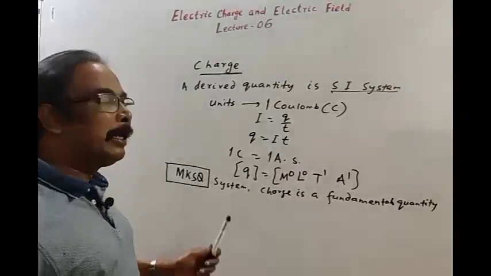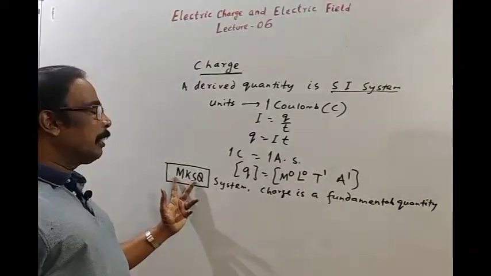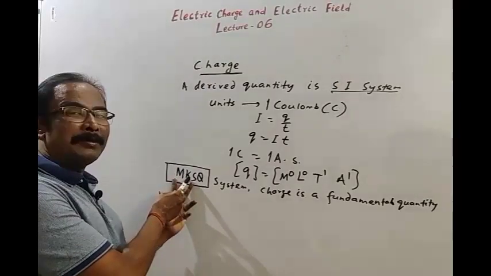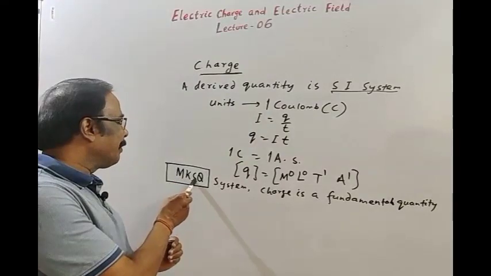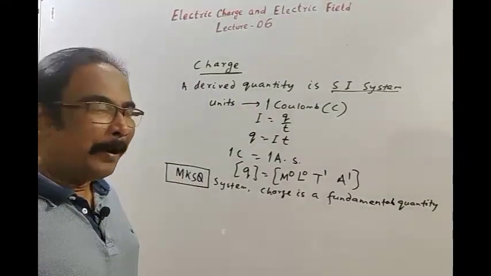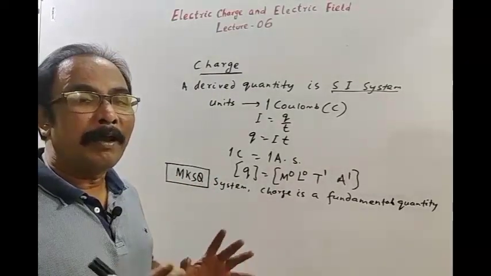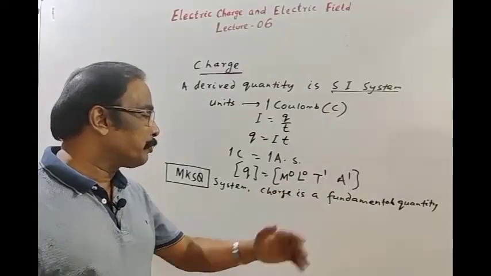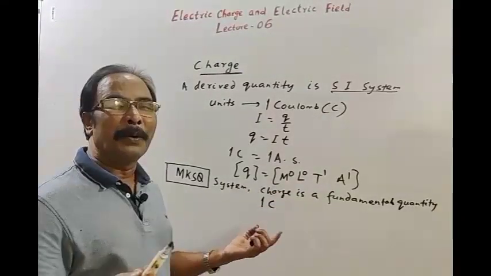As we know, in MKS system of units, the fundamental units are length, mass and time, and the respective units are meter, kilogram and second. If charge is taken as fundamental quantity in MKS, then the system is called MKS-Q system, where charge is a fundamental quantity and unit of charge is Coulomb.